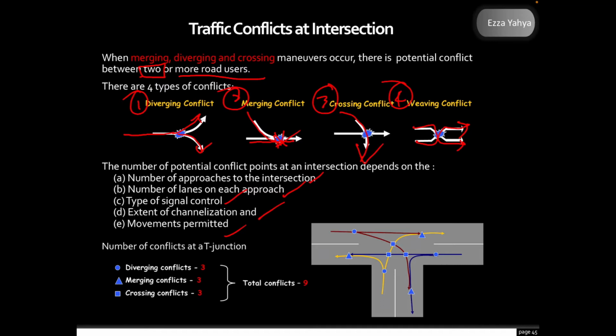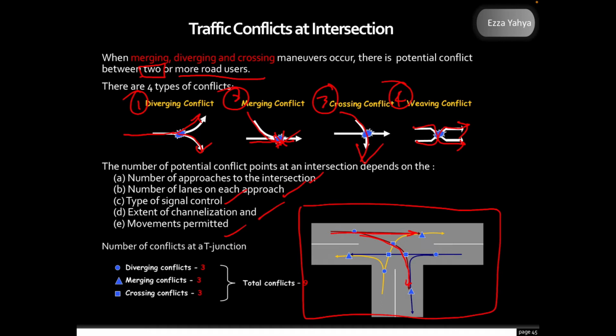So we go to an example to count the number of conflicts at a T junction. We have a T junction. One road goes through, another one turns right.